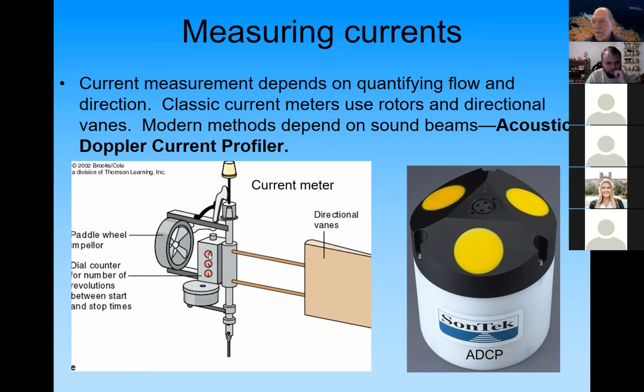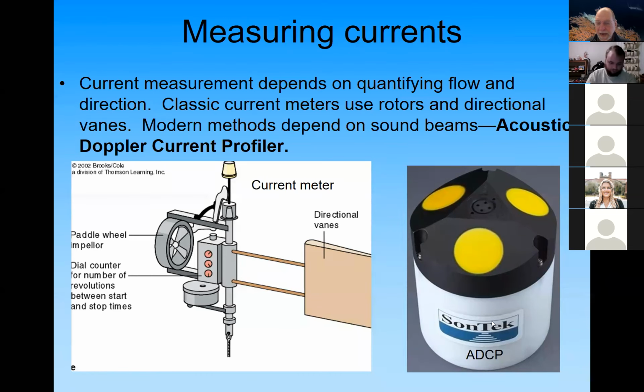These things would be deployed, and there would be hundreds of thousands of revolutions, but by measuring these changes at regular intervals, it was possible to deduce what the current had been in this local area. So that's how we used to measure currents. Nowadays, nobody does that anymore. I don't think there are any actual current meters outside of museums deployed anywhere.